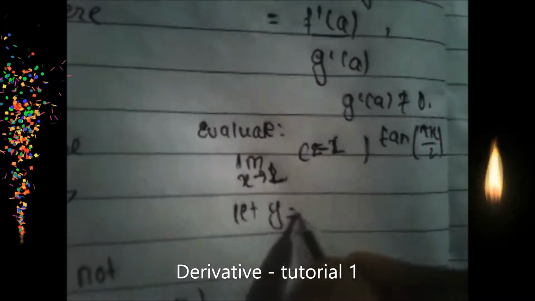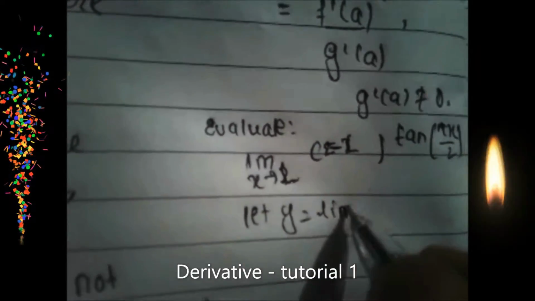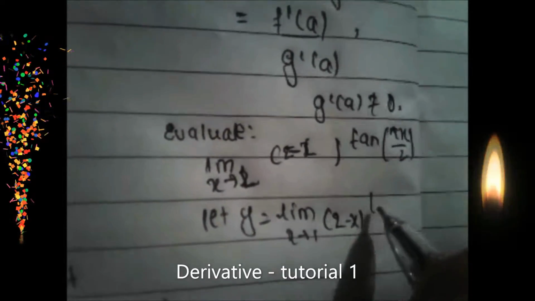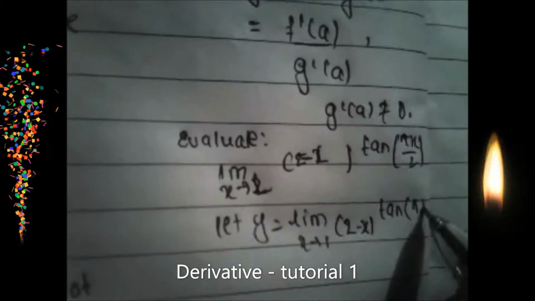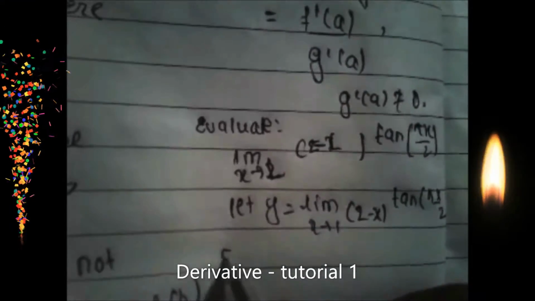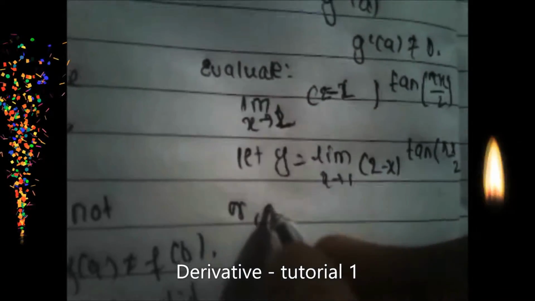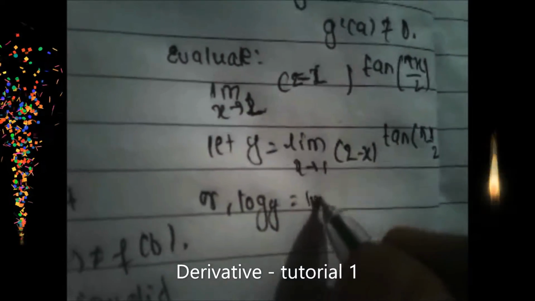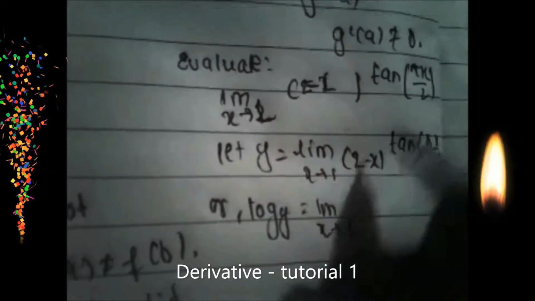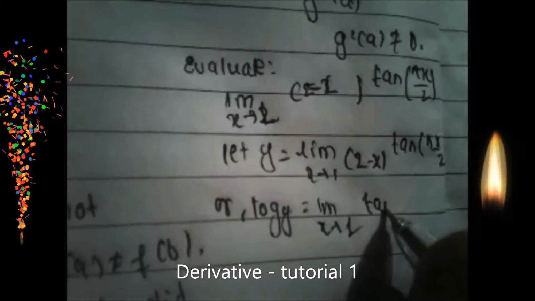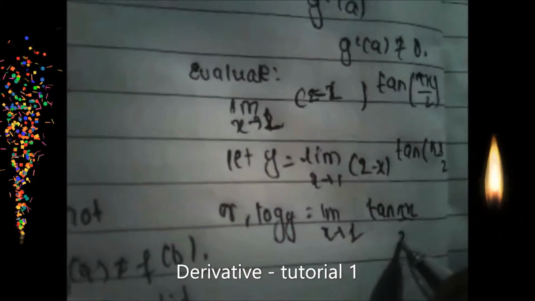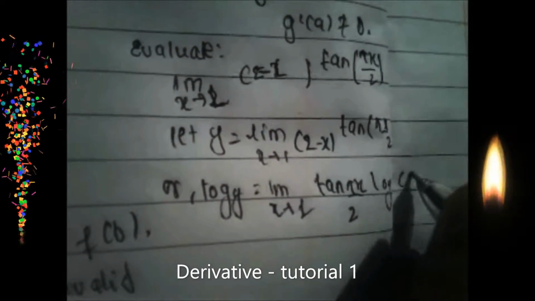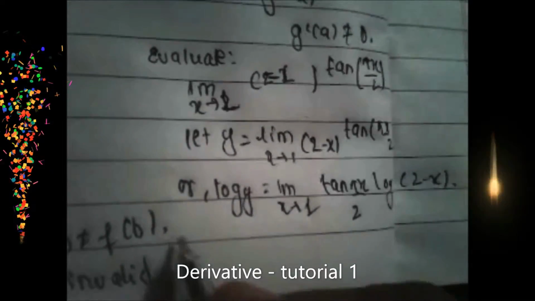Let y is equal to limit x tends to 1 of (2 minus x) power pi x by 2. Every time you see this type of question with a power, you use log on both sides. Log y is equal to limit x tends to 1, the power comes down, so it becomes pi x by 2 times log of (2 minus x).